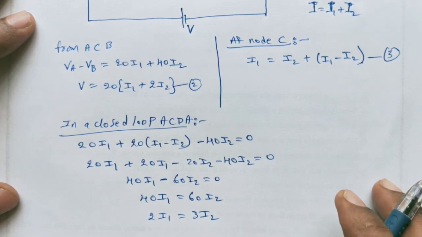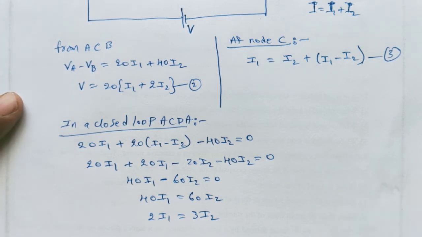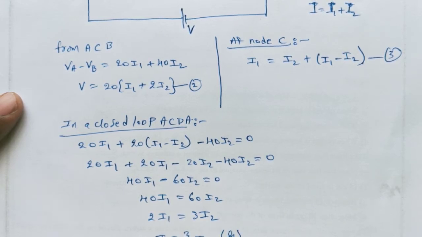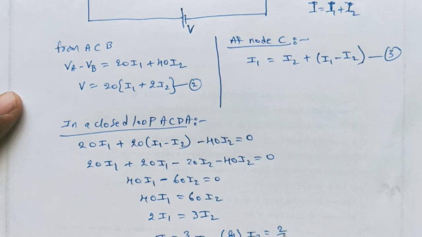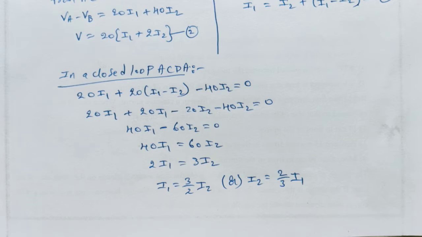This means I1 is equal to 3 by 2 I2, or I2 is equal to 2 by 3 I1. So we have identified I1 and I2 values.